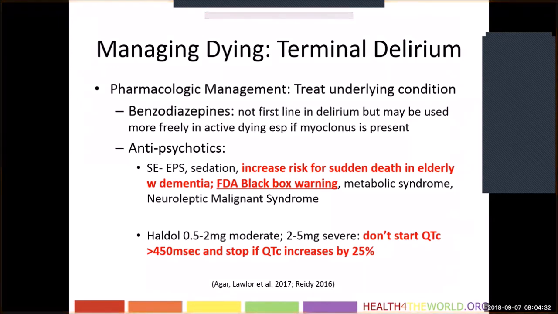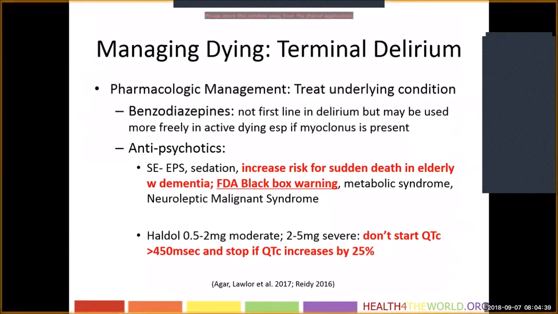So what I explain to students and residents, because this is really hard, is to get down to brass tacks. If they're delirious and you're not sure it's terminal delirium, then you might give them an antipsychotic. The antipsychotic is supposed to correct the psychosis that's happening, and then if they're anxious, 30 minutes later you give the benzodiazepine.